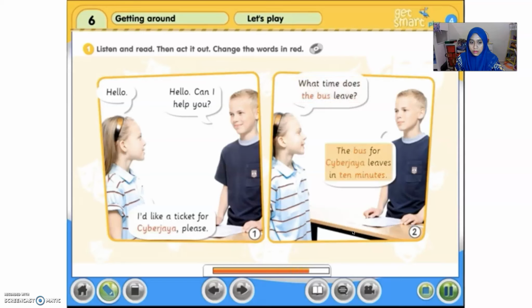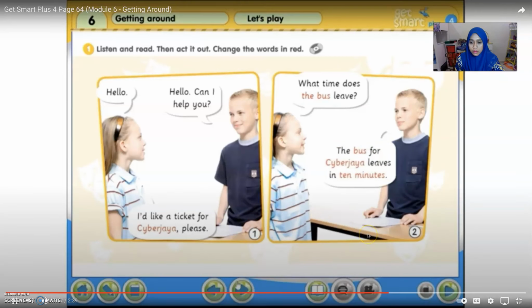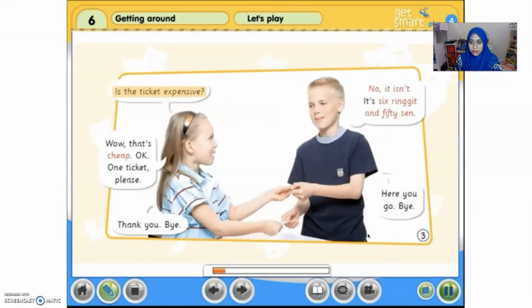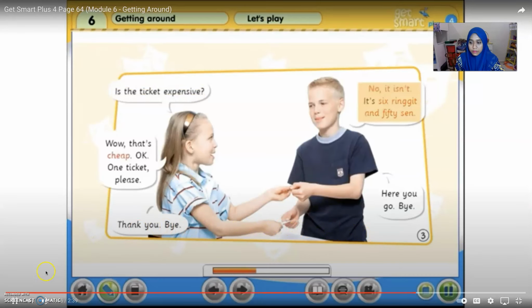The bus for Cyberjaya leaves in 10 minutes. Is the ticket expensive? No, it isn't. It's 6 ringgit and 50 cent. Wow, that's cheap. One ticket, please. Here you go. Bye. Thank you.